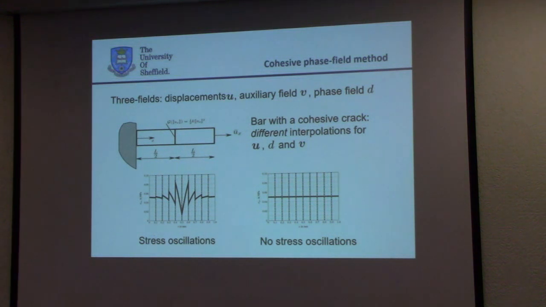One of the questions is, for instance, this. In this cohesive formulation, we have a three-field formulation. We no longer have only the displacements and the phase field, but we also interpolate the crack opening.